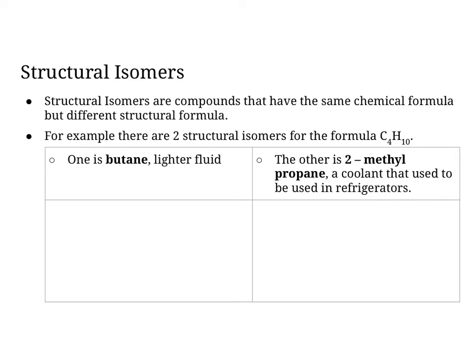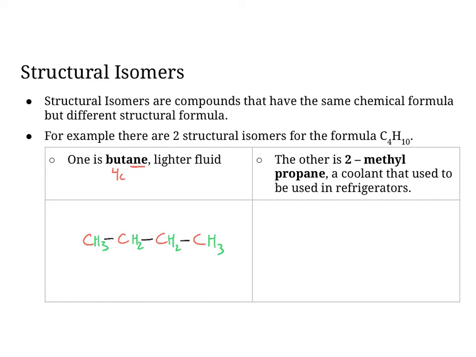One of them is butane, which is really easy to draw, which would be 1, 2, 3, 4, because "but" means 4 carbons, and "ane" means they're all single bonded. Okay, and then we would go and add the hydrogens. So this would be CH3, CH2, CH2, and CH3. So this is one form of C4H10.